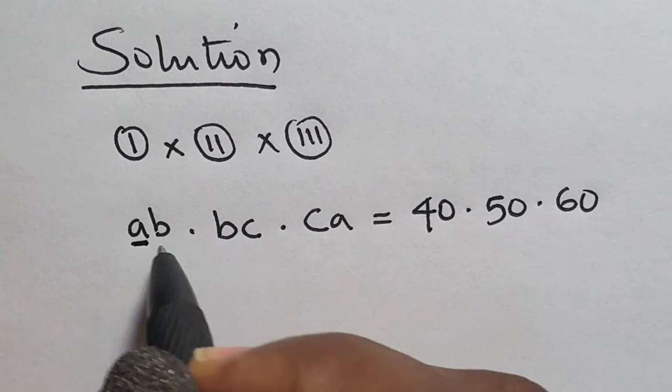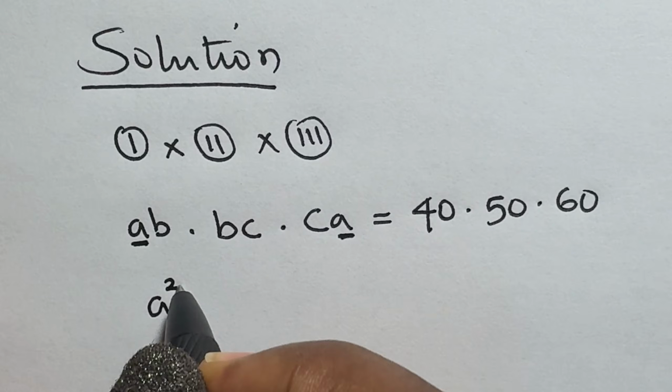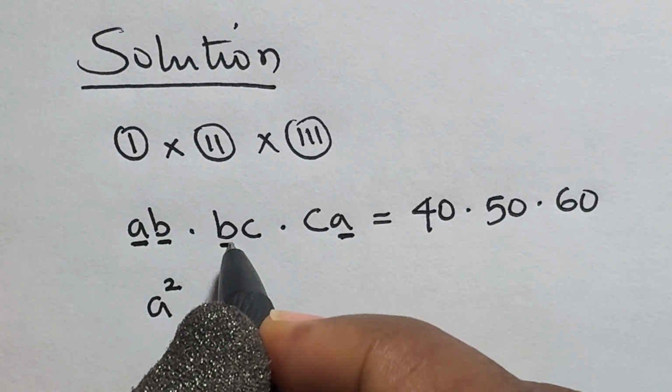Notice that we have A here and A here. Since it is multiplication, this will give us A squared. The same thing applies to B.